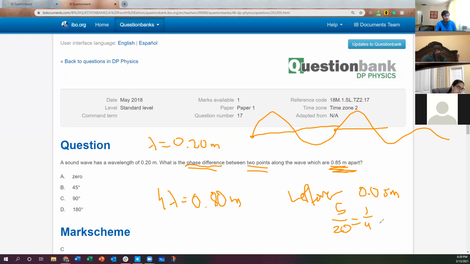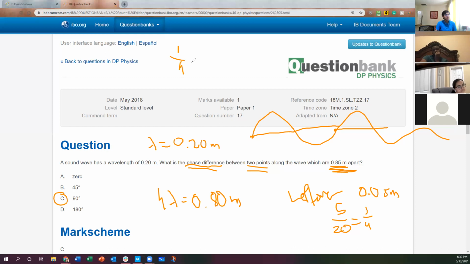So if 1/4 of the period is my phase difference, 1/4 is 90 degrees, right? Because 2 pi is 1 full phase. That means 90 degrees is 1/4 of the phase. You might be tempted to say 45 degrees because you think pi over 4. But remember, don't think of it that way. The way to think of it is this is 1/4.